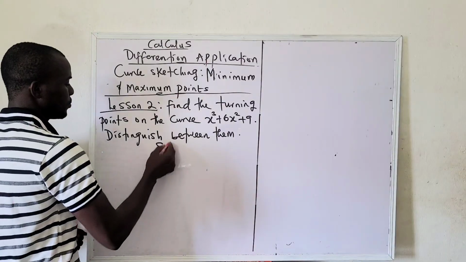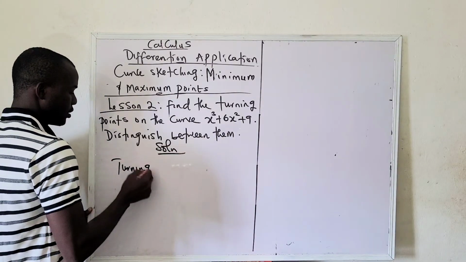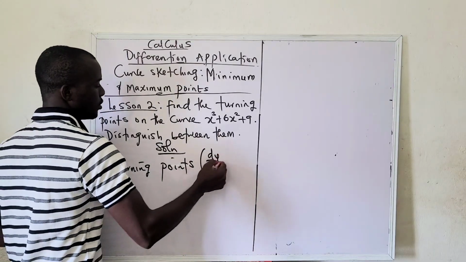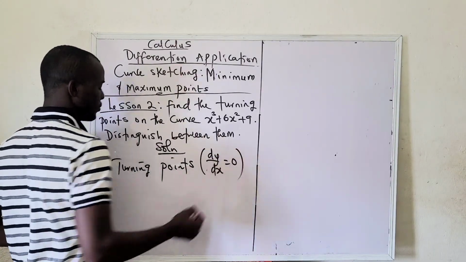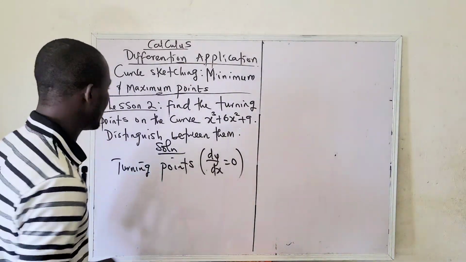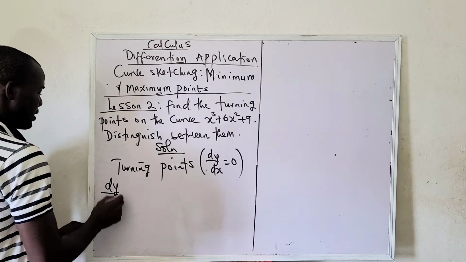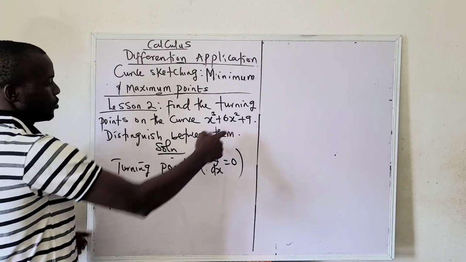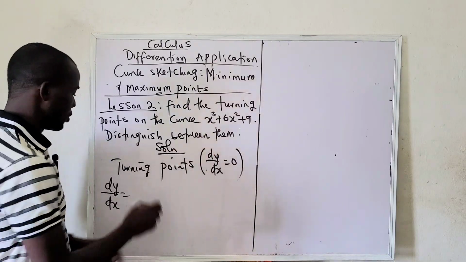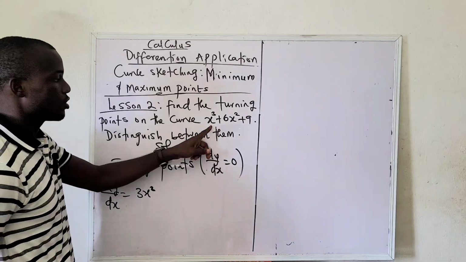Those are the vocabulary you can hear regarding this. So, solution: turning points. That is what we want to show. Here our dy over dx, look at this function, will become 3x squared if we differentiate x cubed.